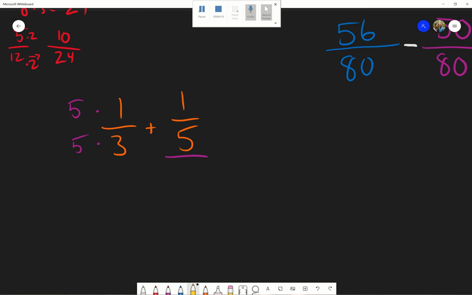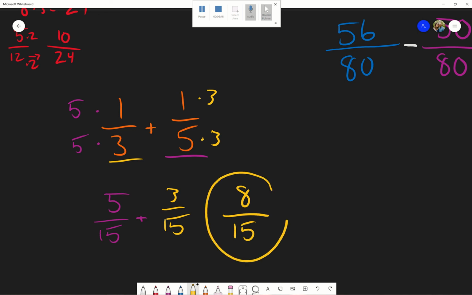Take our second fraction, multiply both values by our first denominator, and get a new equation of 5/15 plus 3/15. Remember, whatever we do to one side of a fraction, we have to do to the other. 5 plus 3 is 8. 8 over 15 would be our answer to 1/3 plus 1/5.